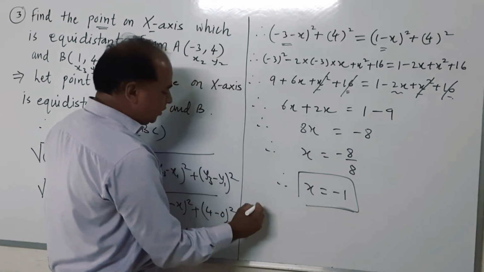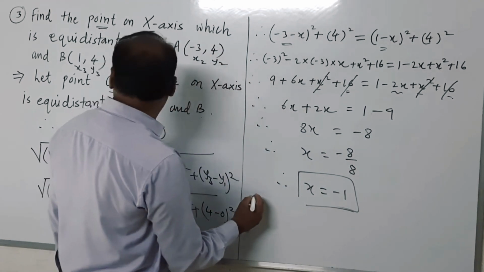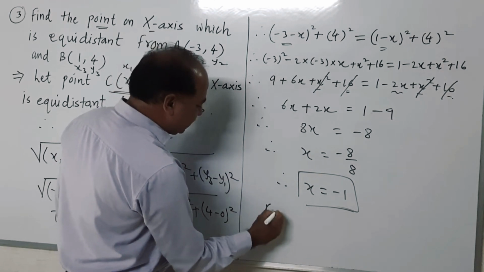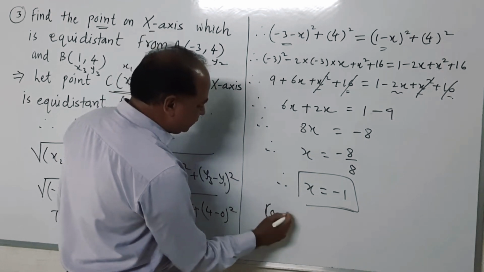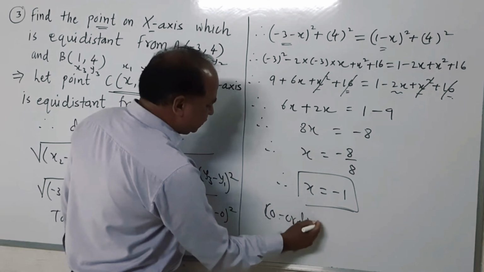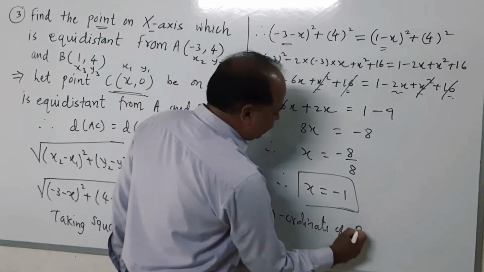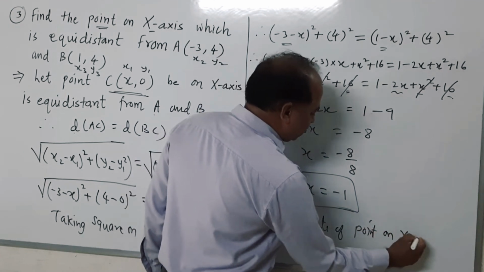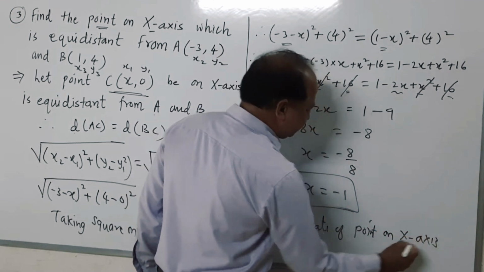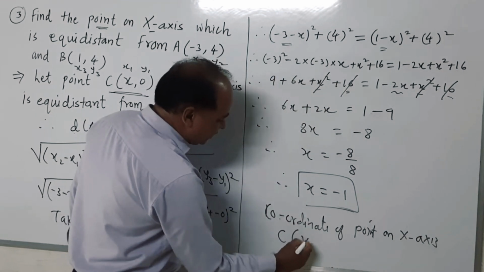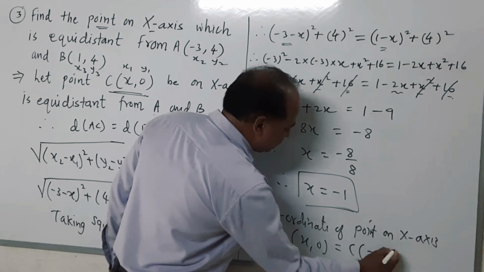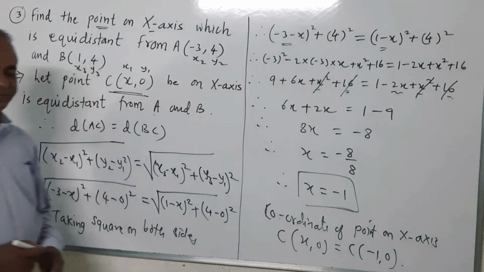So the coordinates of point C on the x-axis, which is (x, 0), is C(minus 1, 0).